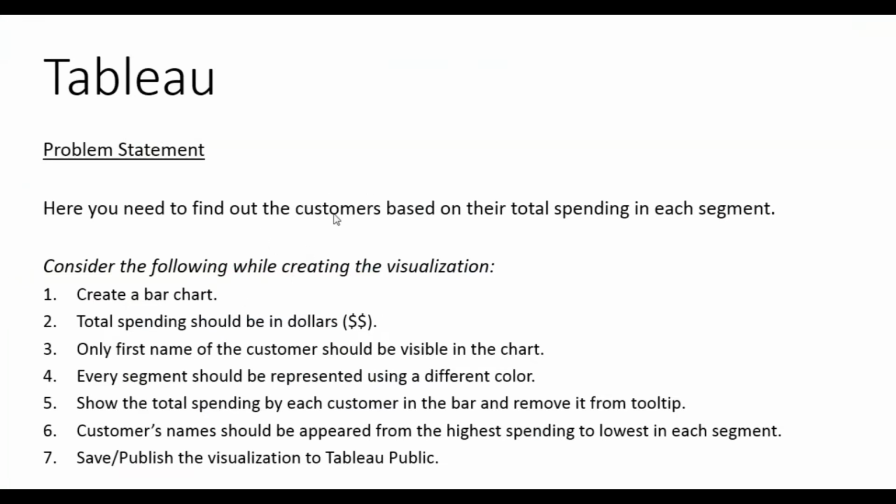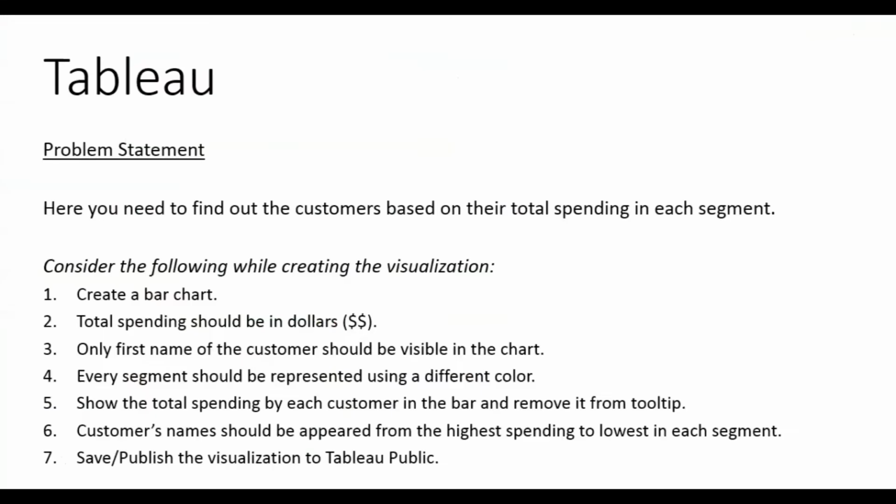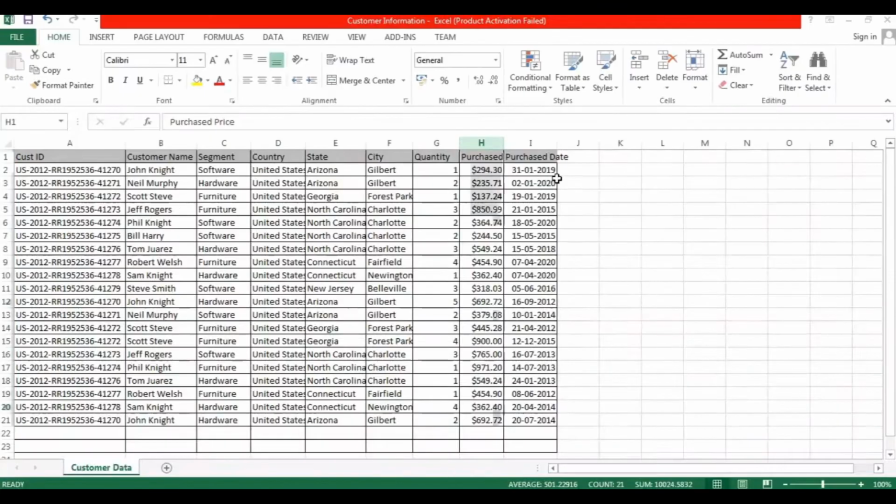We need to find out the customer based on their total spending. So let's see which columns we need. We need the customer name, because obviously we need to find out the name of the customer. We need segment, because on the basis of the segment we need to find these customers. We don't need country, state, city, quantity, and purchase price. So we need the total spending in each segment.